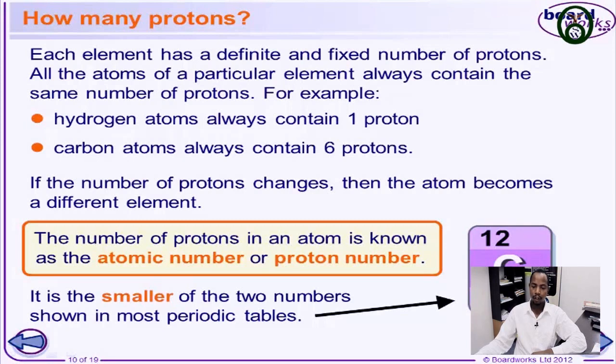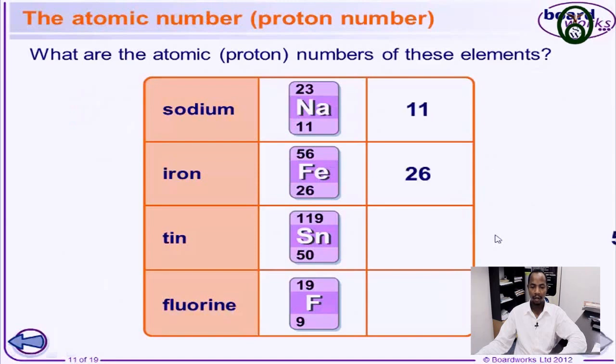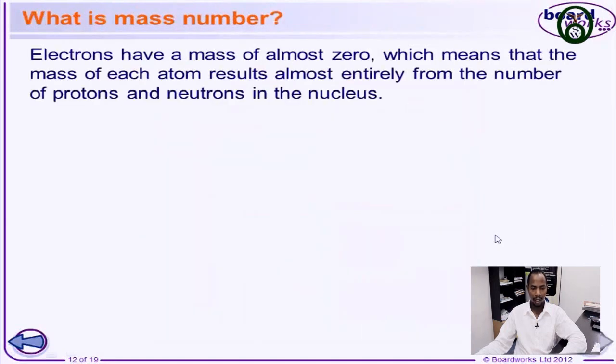And the top one, which is 12 in this case, is the mass number. Therefore, now we want to talk about the mass number after we've taken a look at the number of protons, which is the atomic number. Now, the mass number of an element is the total number of protons plus neutrons found in the nucleus of the atom.